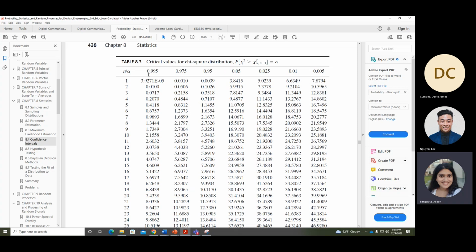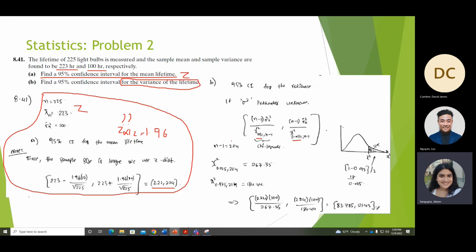So the horizontal is basically alpha and the vertical is basically your n. So again, why is this important for us? Because the formula states that this is alpha by 2 and this is n minus 1. Very, very, very important, n minus 1, and this is not n, okay? Not n. Nope.